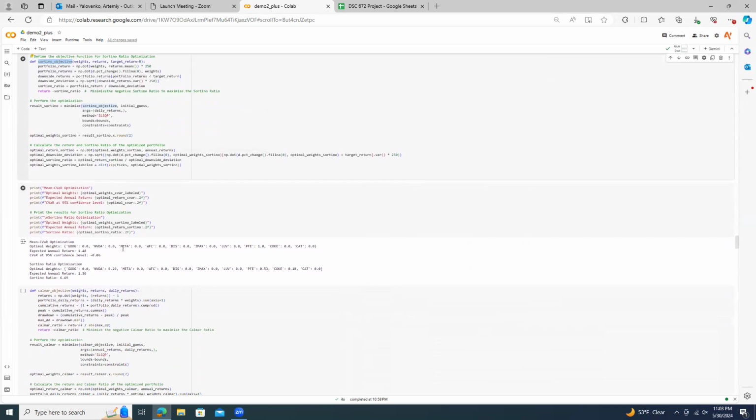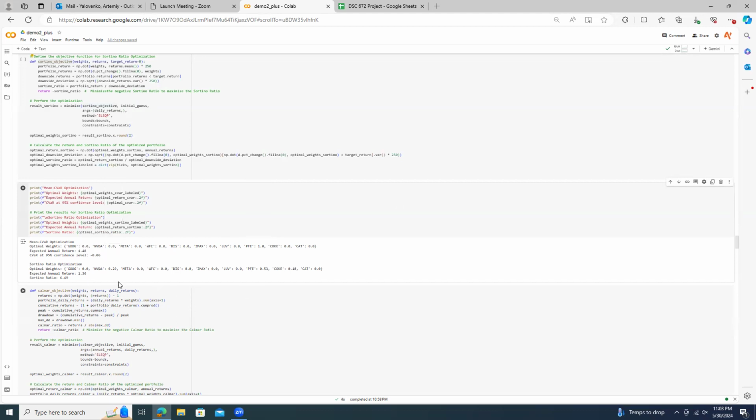This is an interesting one because most of the time, mean conditional value at risk points us to using one or two stocks. In this case, I think this is an old test. This literally just told us to invest all of our money in Pfizer, which is rather interesting, but did have a pretty high expected annual return.